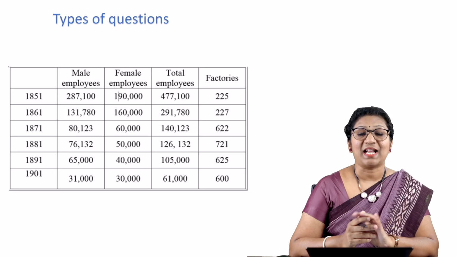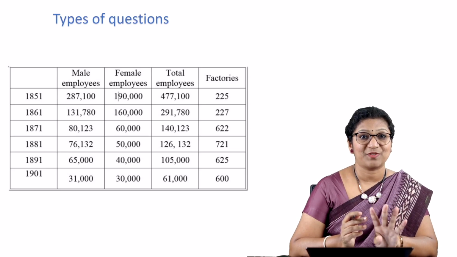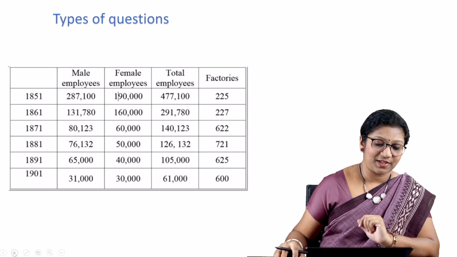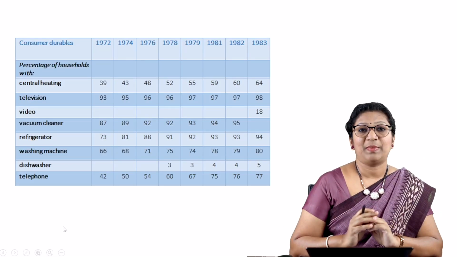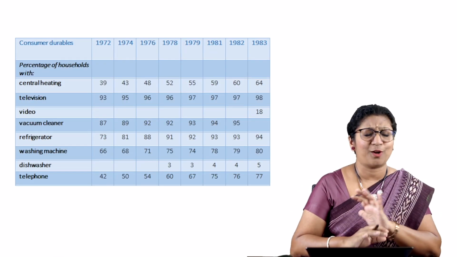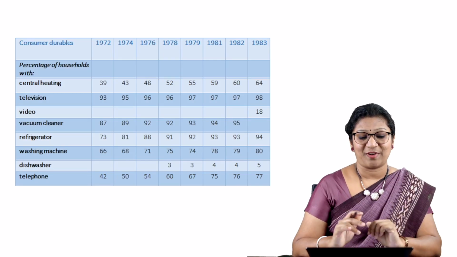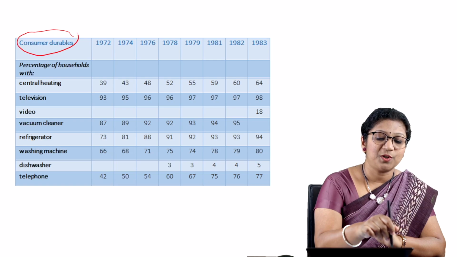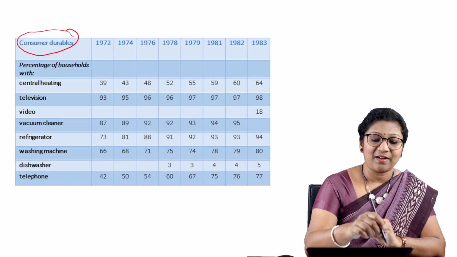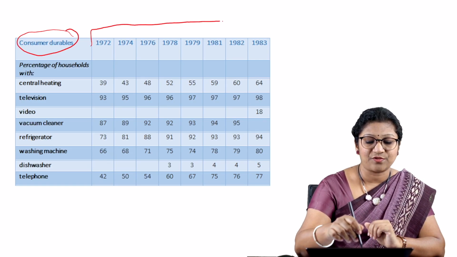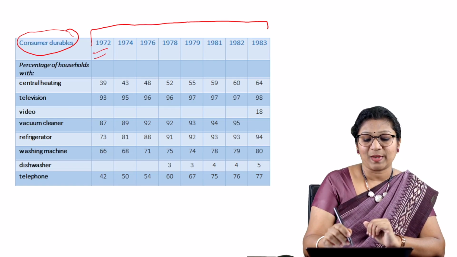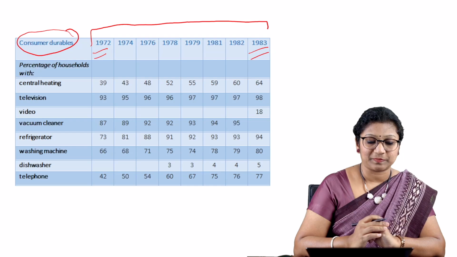Now, having understood that there are four main types of questions, let's see what we can do to identify the trend. Look at this example here. It's a table and you can see lots of numbers, but don't worry. Look at the headings given here. It shows consumer durables and we have data given for several years starting from 1972 all the way up to 1983.